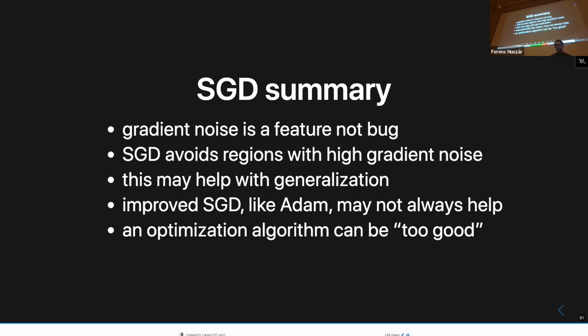There is even a conference called I Can't Believe It's Not Better, where people submit methods that they derived, which turned out not to work as well as they predicted. Some examples of this are improved optimization algorithms that actually don't work well in practice.